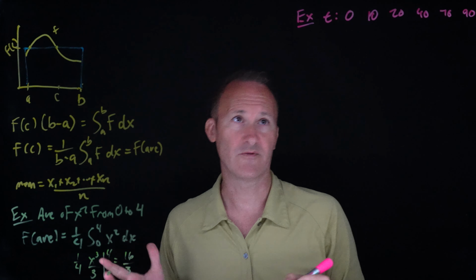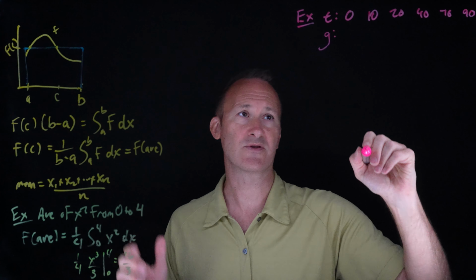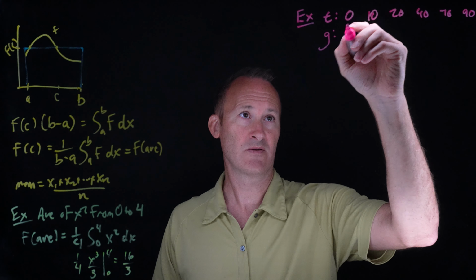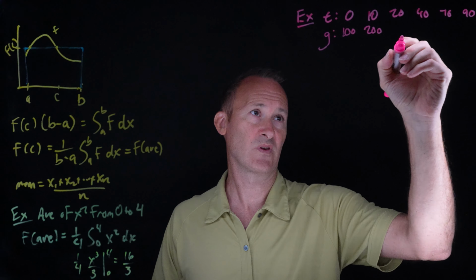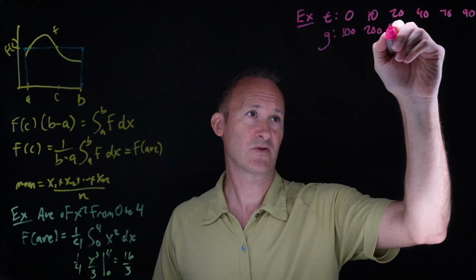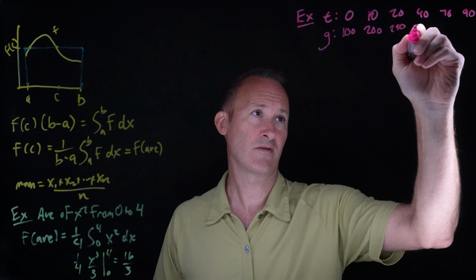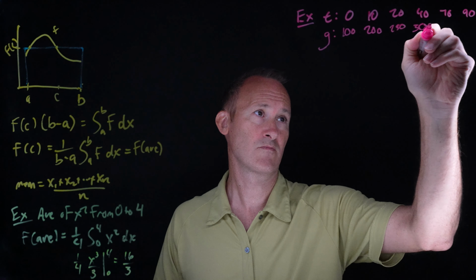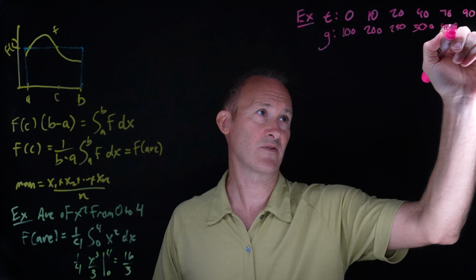And then we have different values, and the values could be something like gallons. So how many gallons do we have at each of these points? Let's say we've got 100, 200, and then 250, 300, 400, and we end at 500.